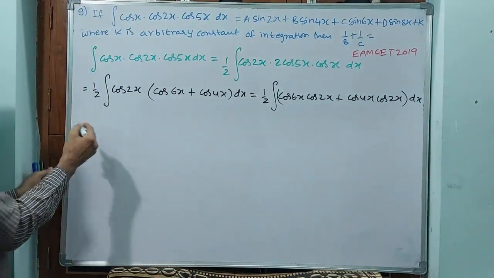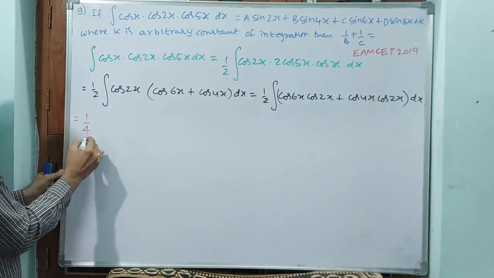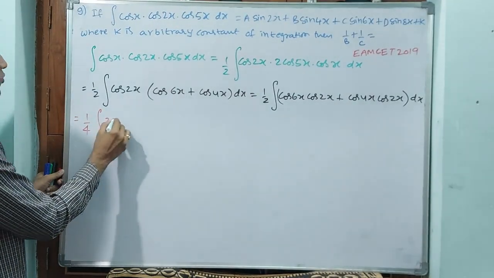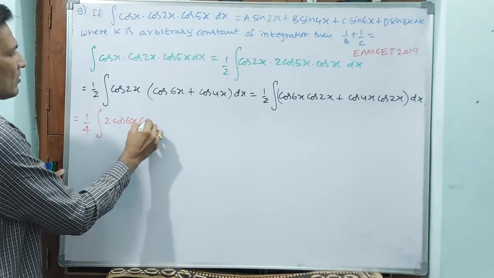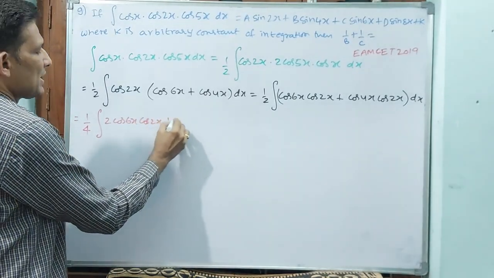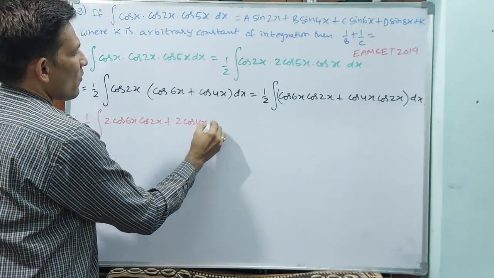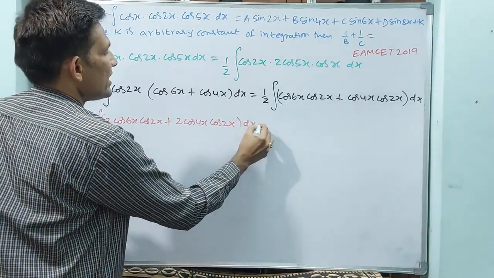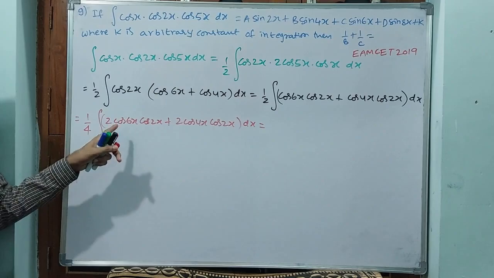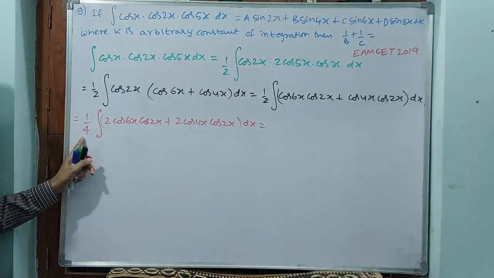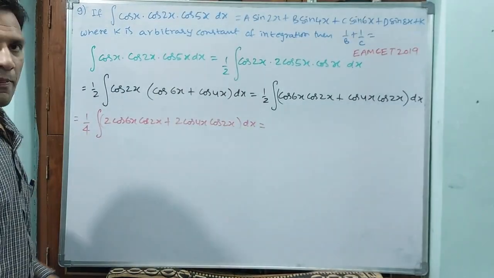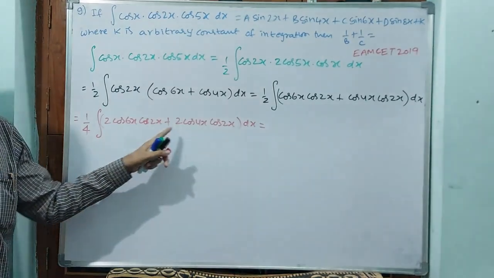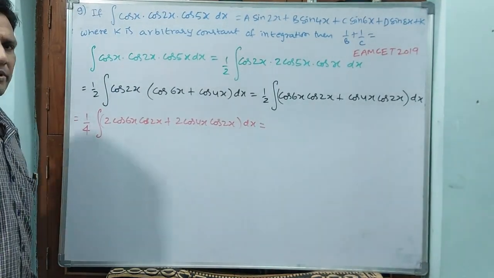Again see, 2 you can keep, but 1 by 2 you can take out. That means see, outside what will become? It is going to become 1 by 4 integral 2 cos 6x cos 2x plus 2 cos 4x cos 2x whole dx. Okay. Because we have kept 2, that is why we have made this 1 by 4 rather than 1 by 2. Okay. Again you see 2 cos a cos b, cos of a plus b plus cos of a minus b, right?